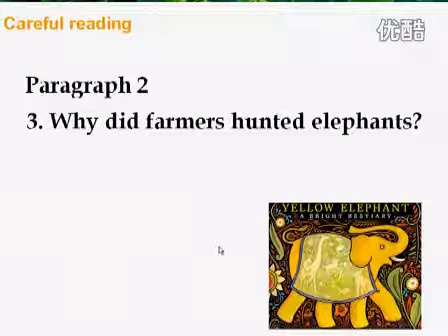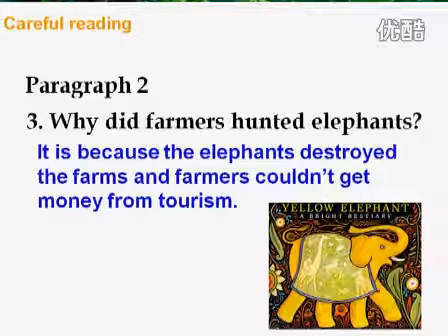Okay, now paragraph 2, another question. Why did farmers hunt it? Elephants. 为什么这些农民要去捕杀 elephants 大象呢？ So get the answer? Yep. It is because the elephants destroyed the farms and farmers couldn't get money from tourism. Right? Yeah. Okay.